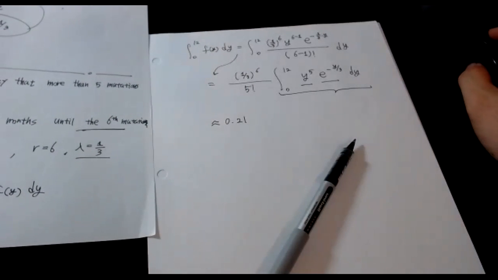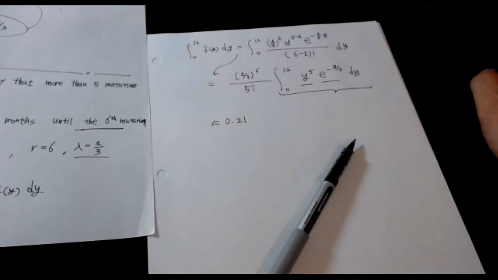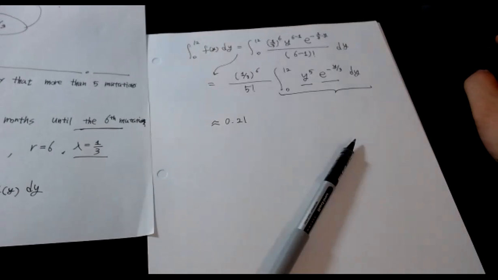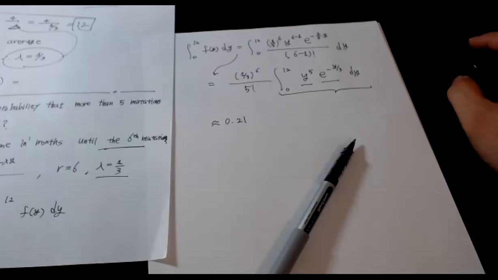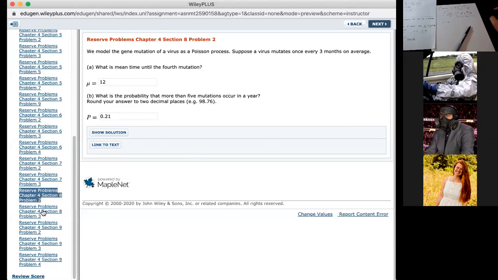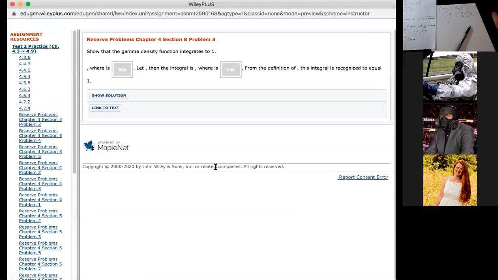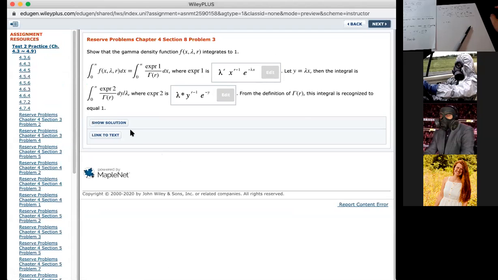Next one, 4.8.3. Okay, so let's see. All right, show that the gamma density function integrates to 1.